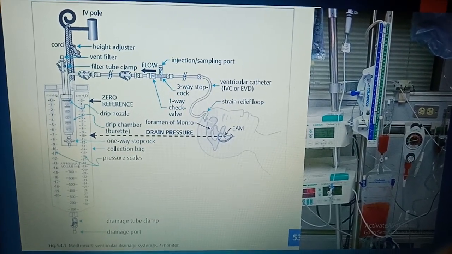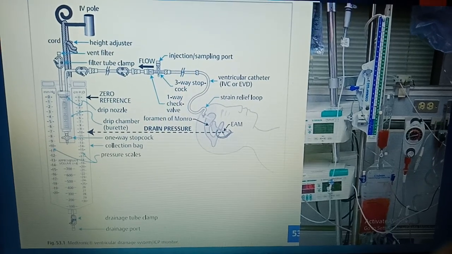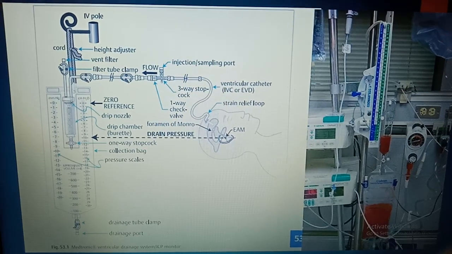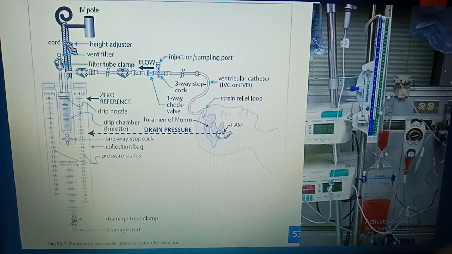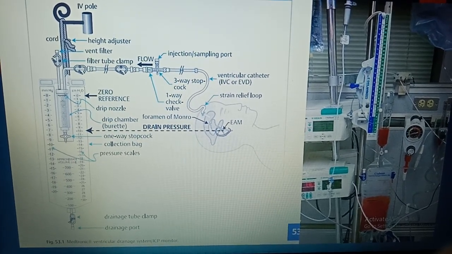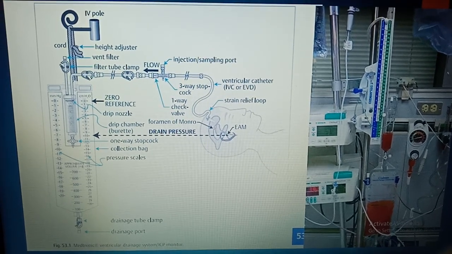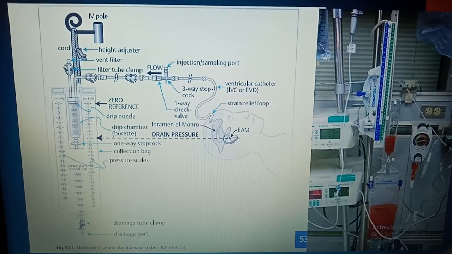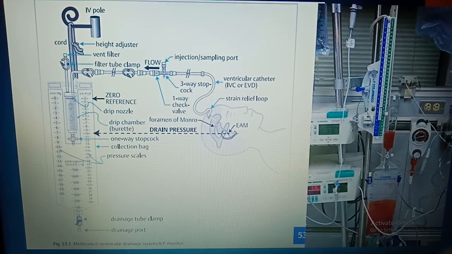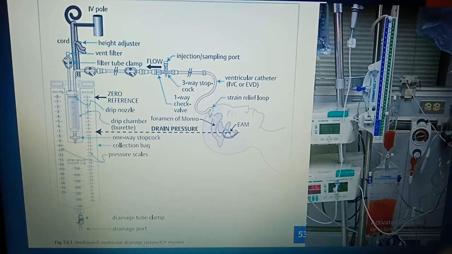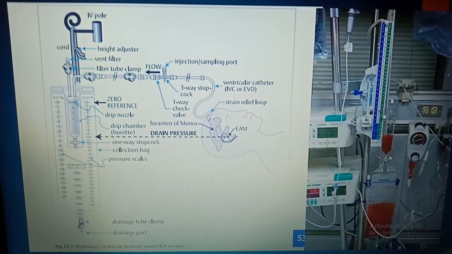But whenever we have to do EVD for monitoring purpose, we have to attach a transducer separate to the EVD. That is, it is a separate part which does not come in the EVD package, but it comes in the arterial line package. So when you have an arterial line package, you just take out the transducer in order to use it with the EVD for monitoring purpose.